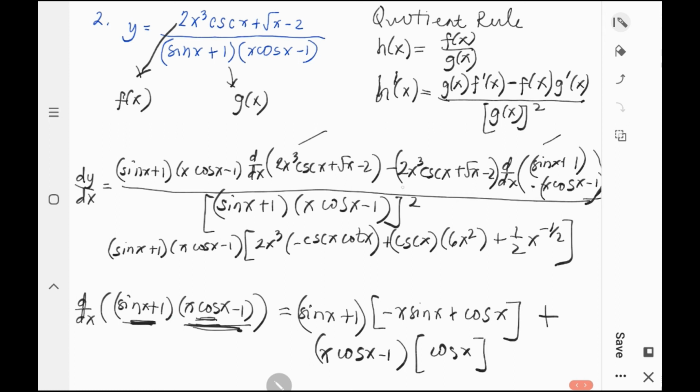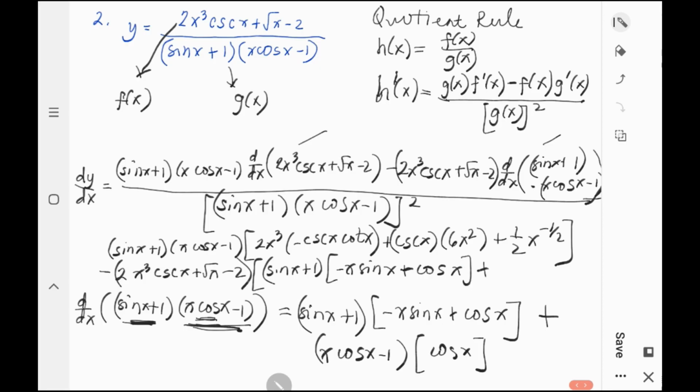So we now have minus 2x cubed cosecant x plus square root of x minus 2 times the derivative of sine x plus 1 times x cosine x minus 1. So you have the following: sine x plus 1 times negative x sine x plus cosine x, plus x cosine x minus 1 times cosine x.